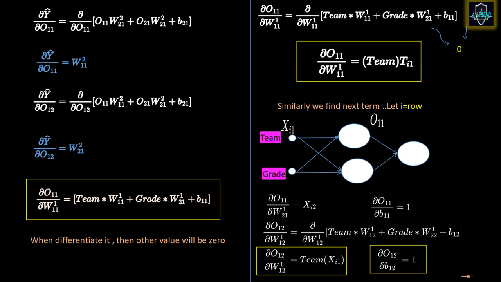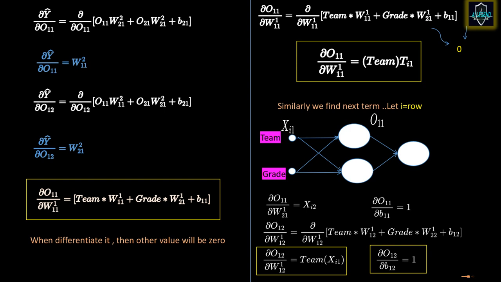As you are seeing in the figure, to avoid confusion and not make it difficult, we are giving this ith term, where i is team in the first case and grade in the second, xi1 and xi2. So del O11 over del W111 is xi1. Similarly, del O11 over del W121 is equal to xi2, and del O11 over del B11 is equal to 1.